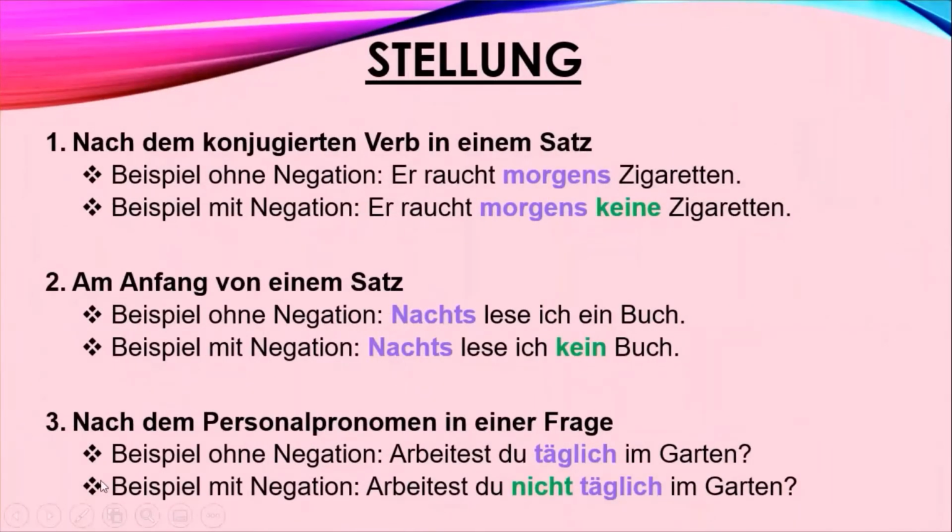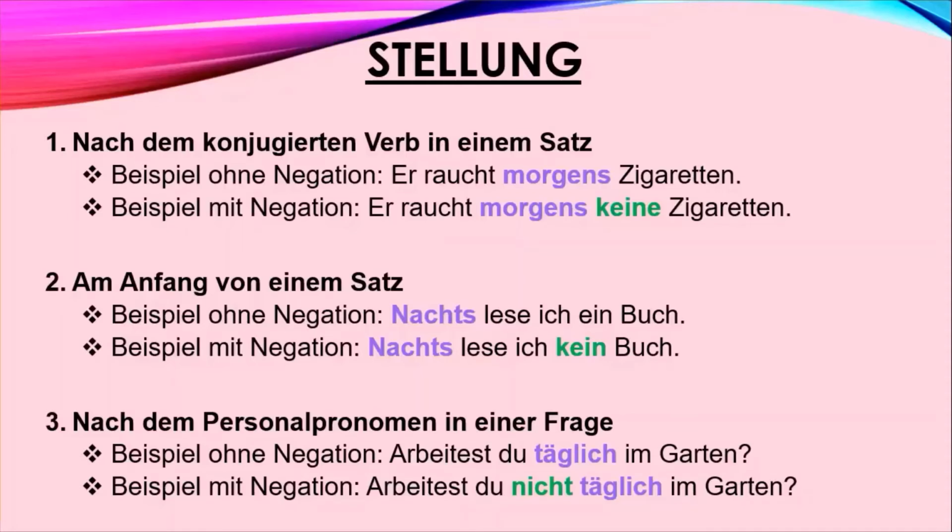So once again, you will note that the daily adverbs of frequency are positioned in the German sentences and questions just like the weekly adverbs of frequency and also just like the adverbs of time that I mentioned in my previous tutorial.